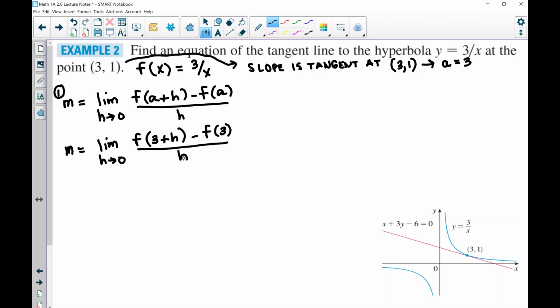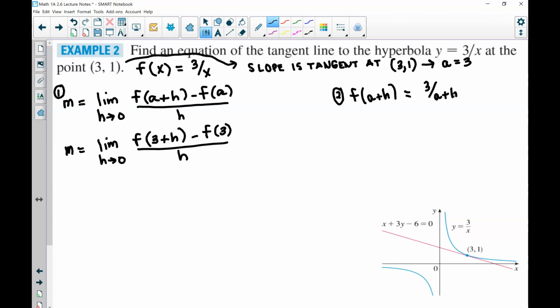Now over to the side here, I'm just going to write down what happens when you get f of a plus h. Well, that becomes the input of the function, so now that becomes 3 over a plus h.